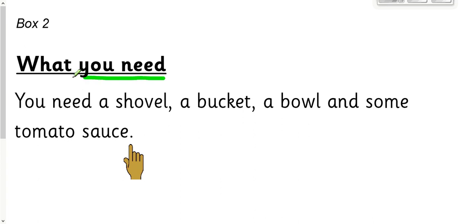We've got a subheading. What do you need? Subheadings really help us when we're reading instructions to break it down into more manageable sections. You need a shovel, comma, a bucket, comma, a bowl, and some tomato sauce. Ooh, tomato sauce. What's that an example of?